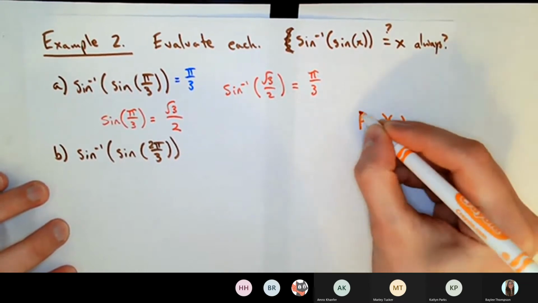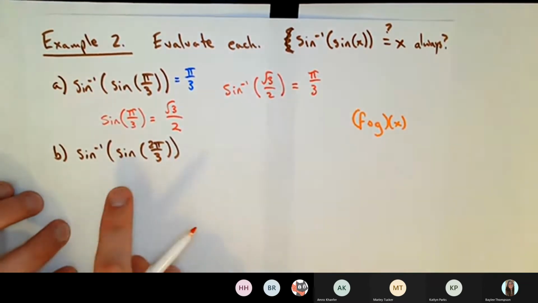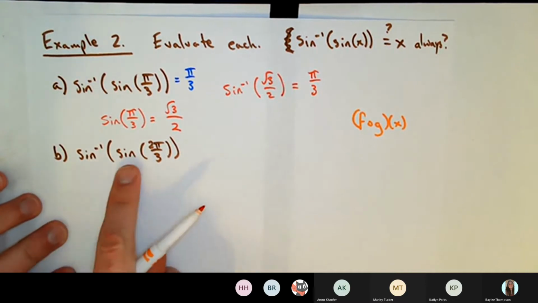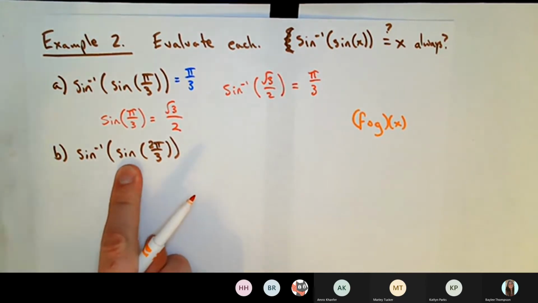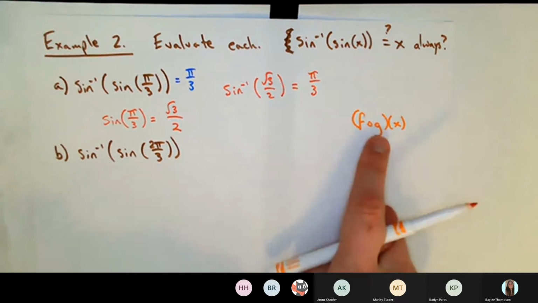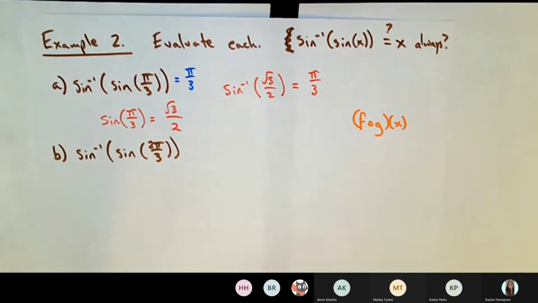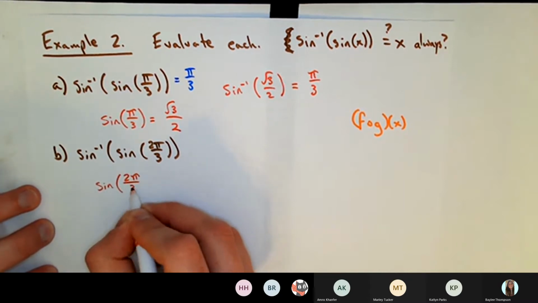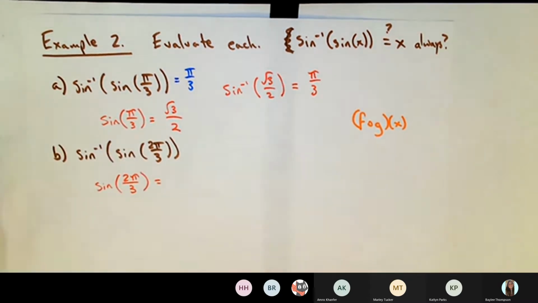I wouldn't use that here because I would have to first define sine inverse as f and sine as g. But that's what we're doing: plugging a function inside of another function just to see what happens. All right, so let's work this one from inside out. Let's not assume that it's going to work. It worked for the first one, but let's be careful.